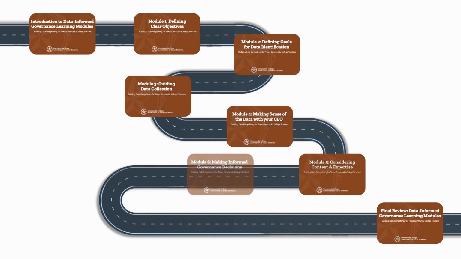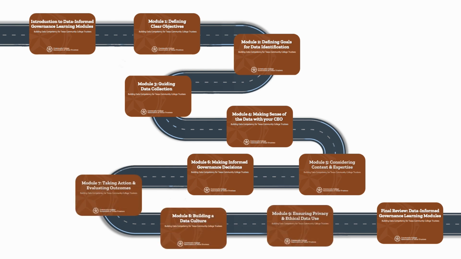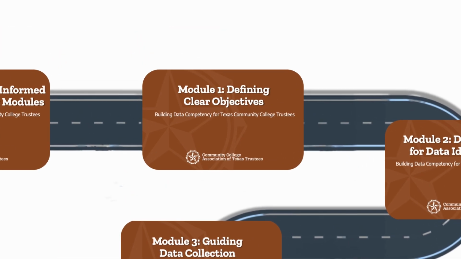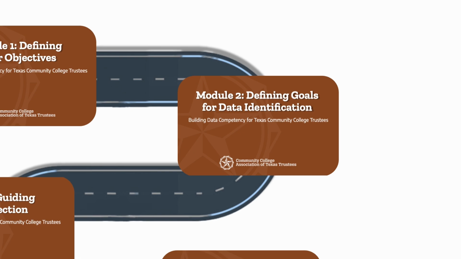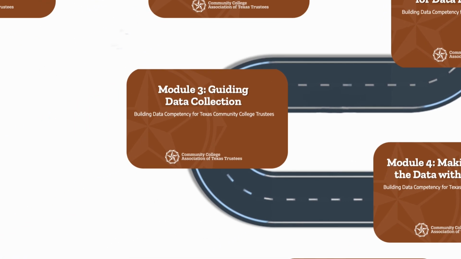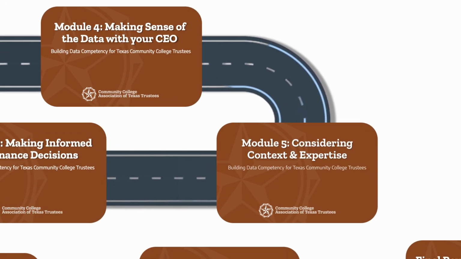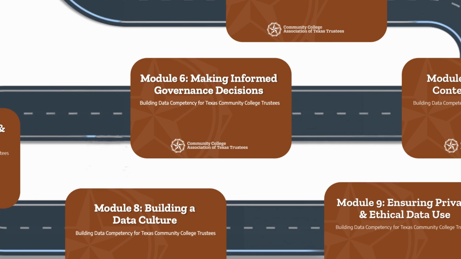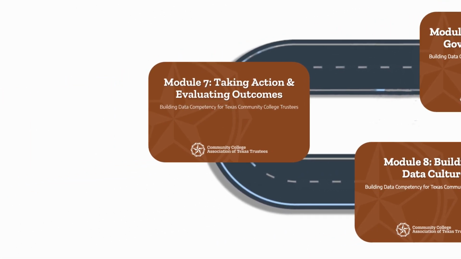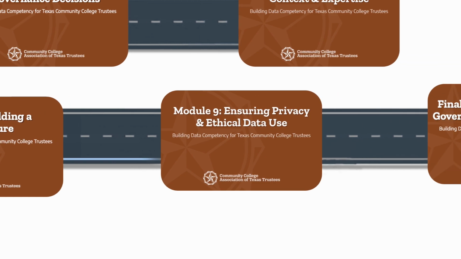The 9 core modules are organized around the Board of Trustees Data-Informed Governance Framework, which we'll call the DIG framework for short. These modules cover defining clear objectives, defining goals for data identification, guiding data collection, making sense of the data with your CEO, considering context and expertise, making informed governance decisions, taking action and evaluating outcomes, building a data culture, and ensuring privacy and ethical data use.